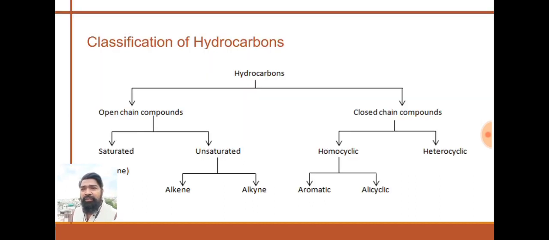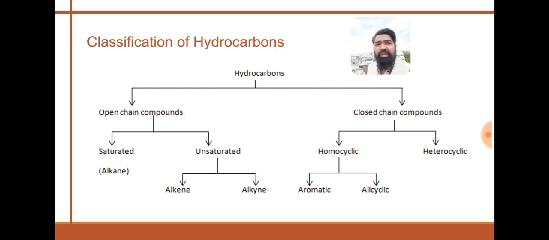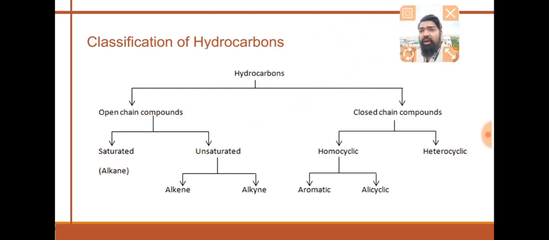Now, the classification of hydrocarbons: how they are classified. As we know many things about various compounds, but basically hydrocarbons are classified into two main groups, the open chain compounds and the closed chain compounds.